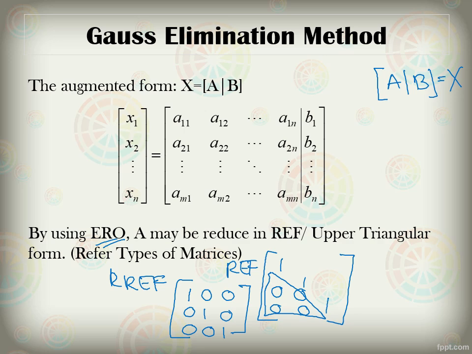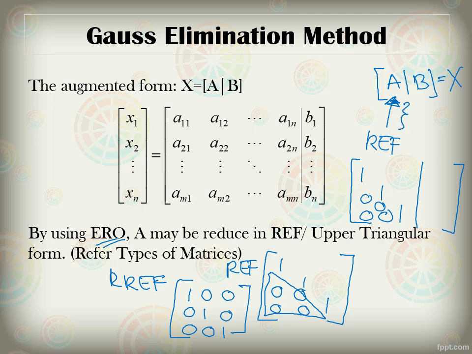So the idea now is to reduce matrix A here to REF matrix, REF form. Alright, so your matrix A should look like this. Oh, what an ugly matrix.